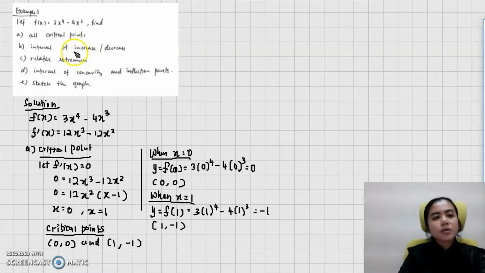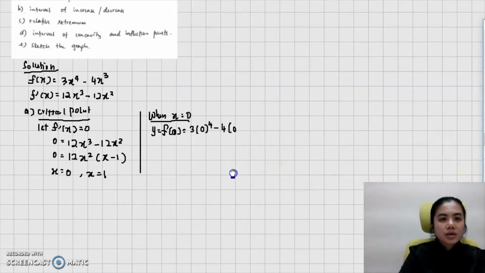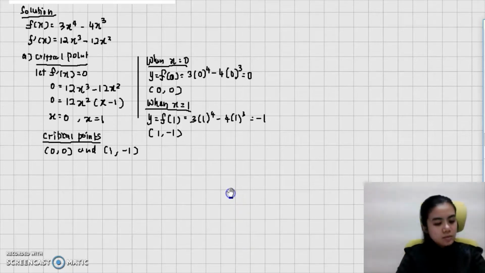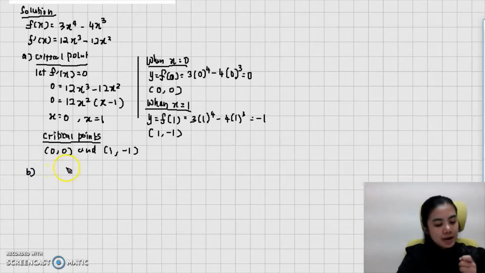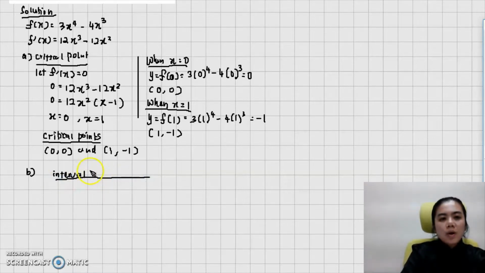Part B says that you have to find the intervals of increasing or decreasing. In order to form the interval table of increasing or decreasing, you basically need the x values from the critical points.